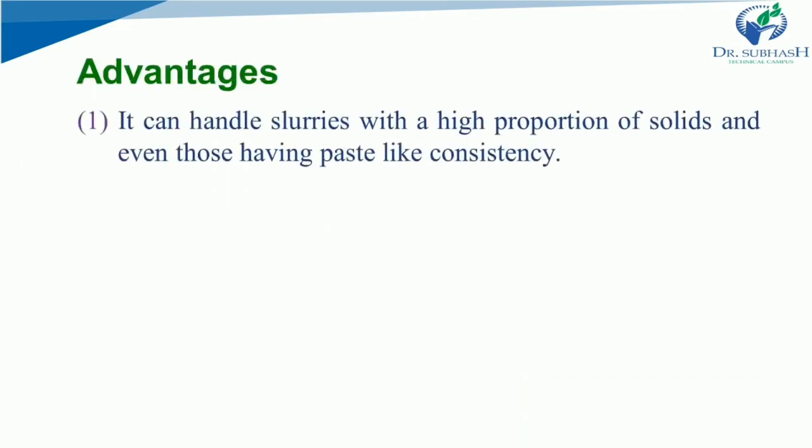Advantages: it can handle slurries with a high proportion of solid, even those with a paste-like consistency. Can you remember what the disadvantage was in the sedimentation centrifuge? It could not handle a high proportion of slurries; it was capacity limited. Here it can handle slurries with a high proportion of solid and even those with a paste-like consistency.